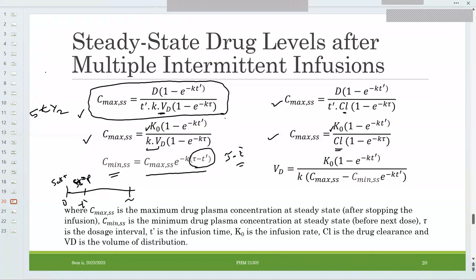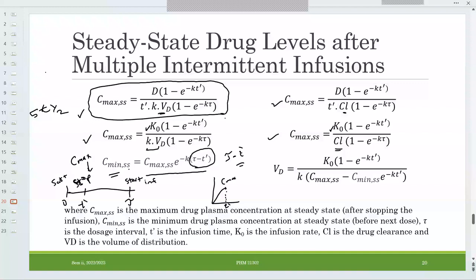And then at tau, you start a second dose. Where is Cmax here? We drew the curve before, and we said the concentration will keep increasing till we stop the infusion. At T prime, we have Cmax. So Cmax now is not at time 0. Tmax is at T prime. Cmax is at T prime.